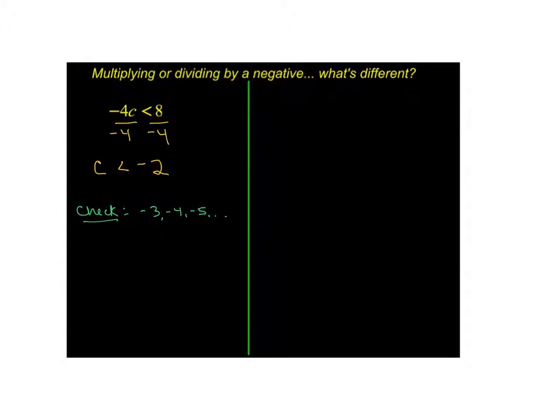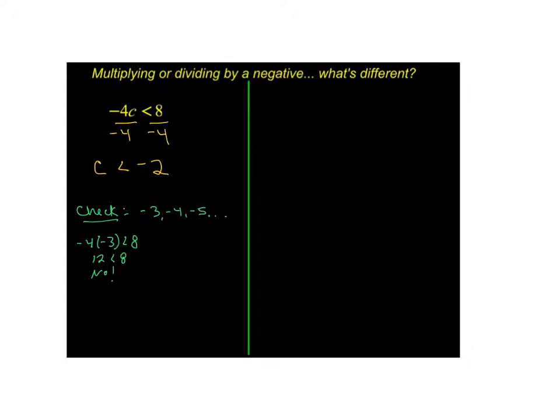Let's see what happens when I check going back to the original equation. Negative 4 times negative 3 is less than 8, right? I'm back at my original equation, but here's where the problem lies. When I simplify that down, I'm left with 12 is less than 8. Something's wrong because it's not.